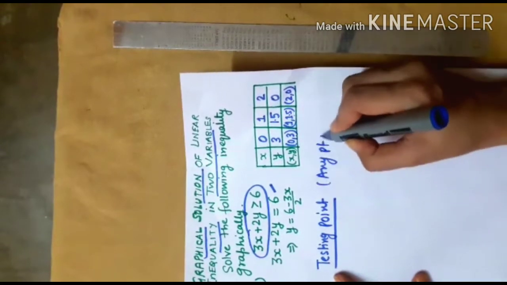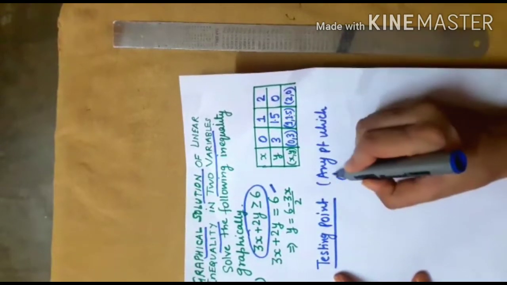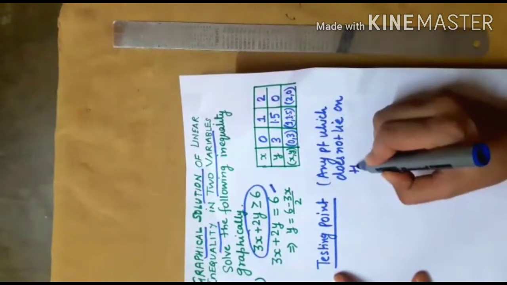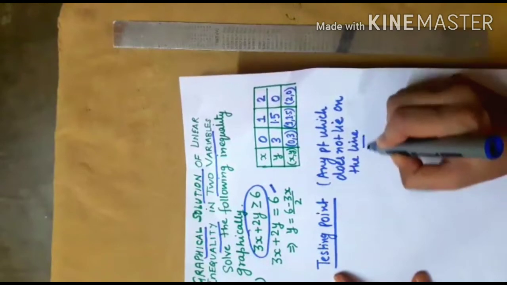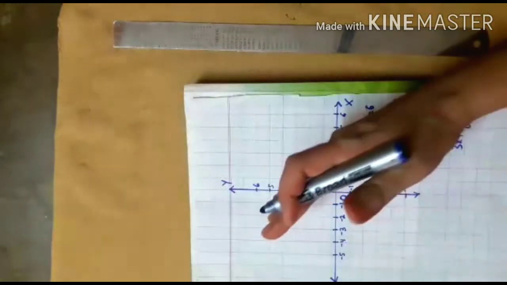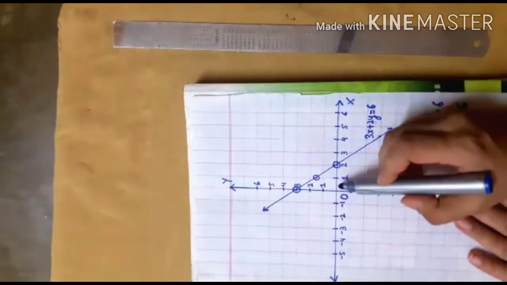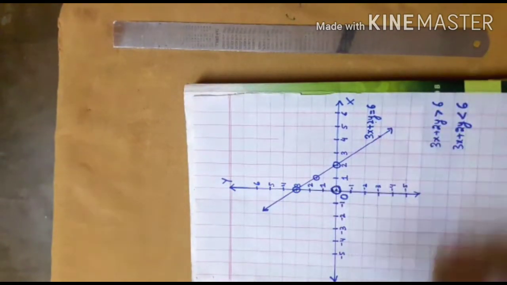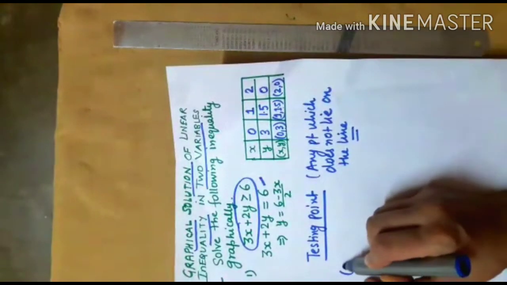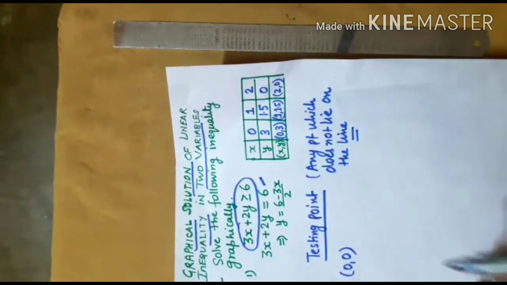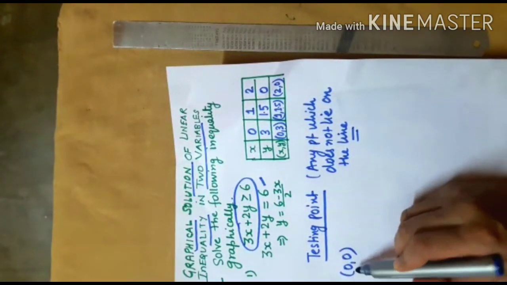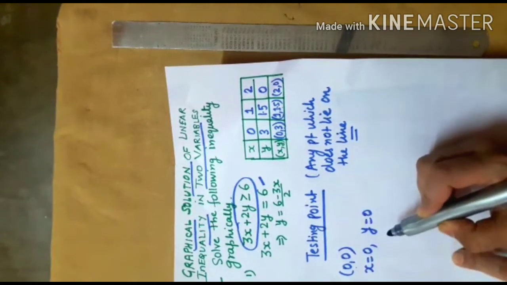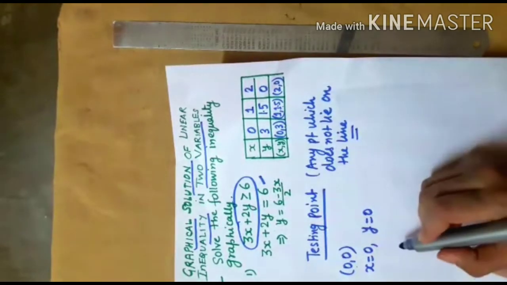Any point which does not lie on the line. So this is the line. I take my testing point as the origin, that is 0, 0. Now I put x equal to 0, y equal to 0 in the inequality.